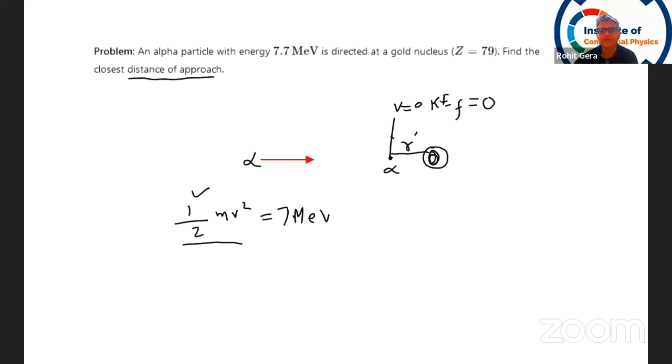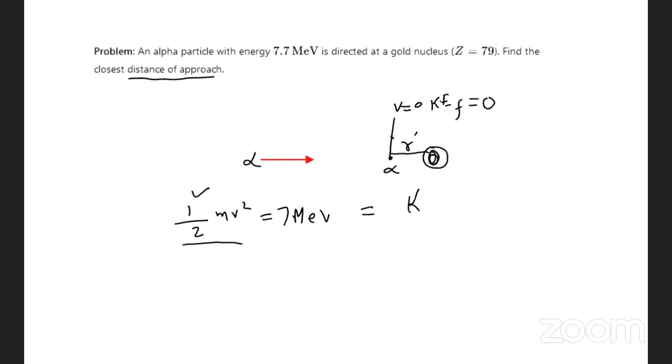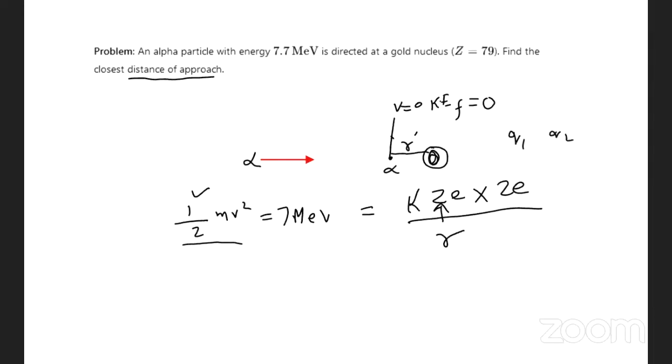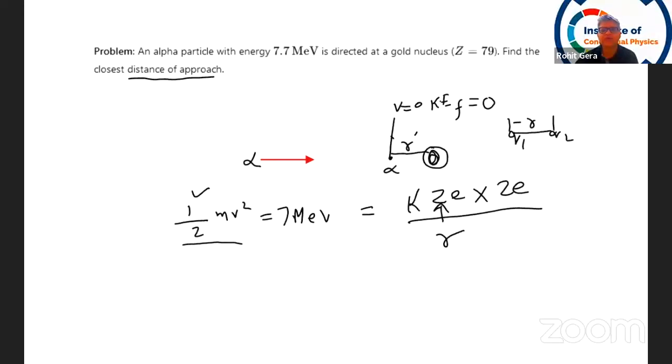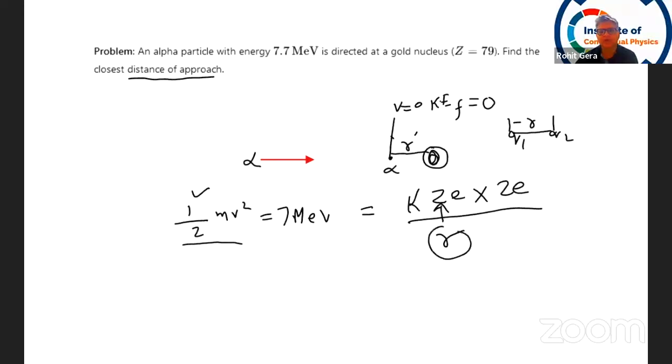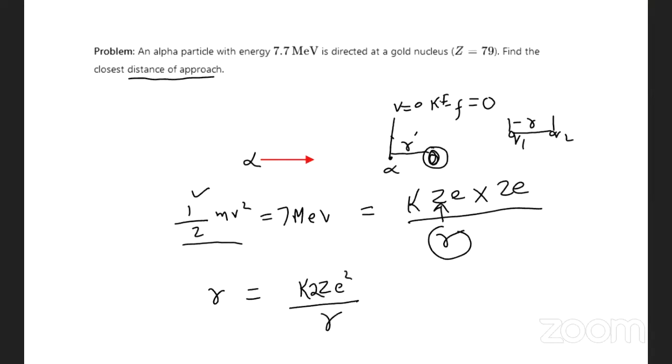It has got converted into K Q1 Q2 by R, that is K into Z e for the gold, into 2e for the alpha particle, divided by R, the distance of closest approach. The electrostatic potential energy is K Q1 Q2 by the distance between the two charges. What you can do is find the value of R.